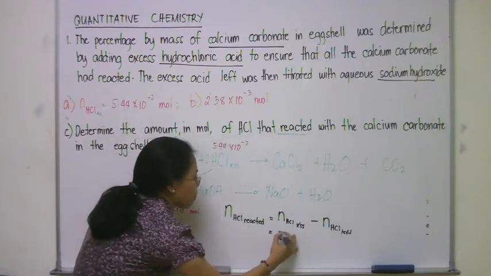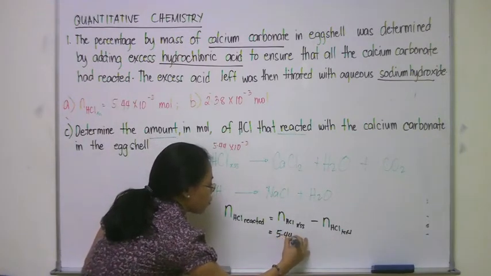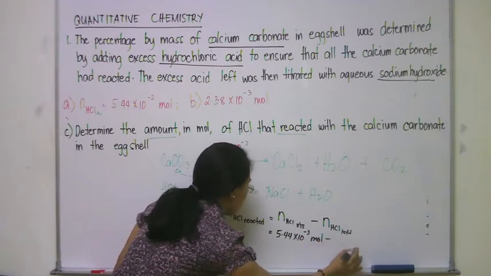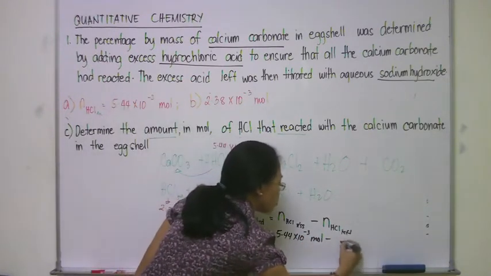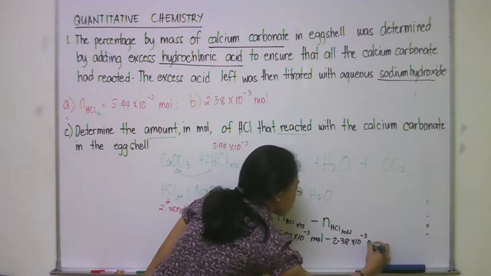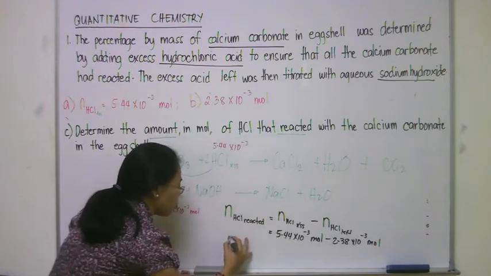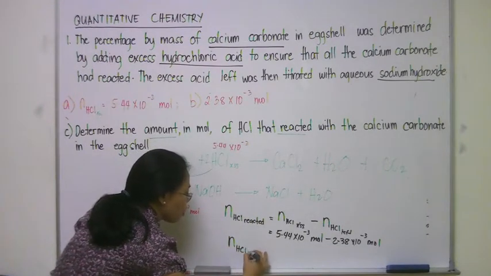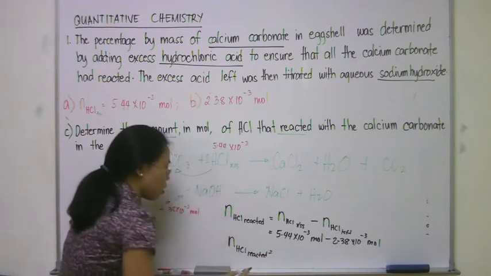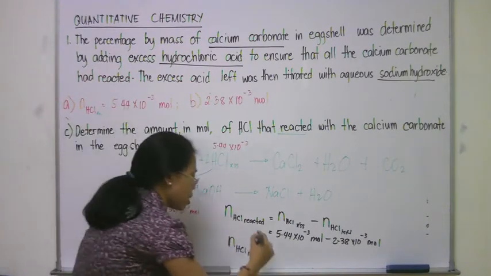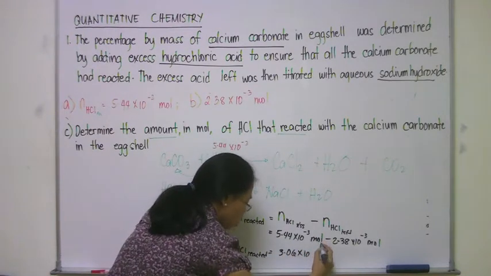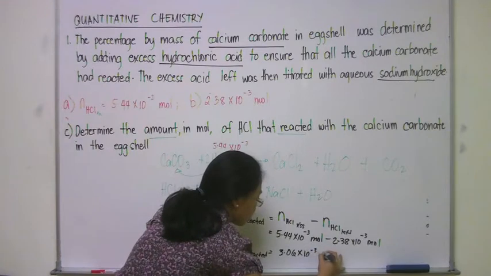So we have 5.44 times 10 to the negative 3 moles minus 2.38 times 10 to the negative 3 moles, giving you the moles of HCl reacted with calcium carbonate, which is 3.06 times 10 to the negative 3.